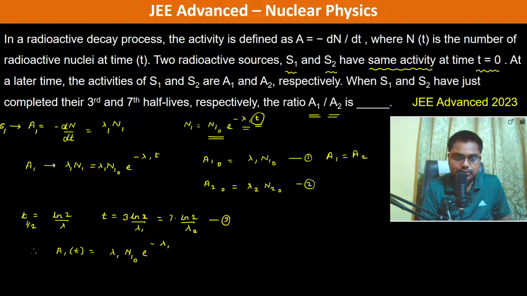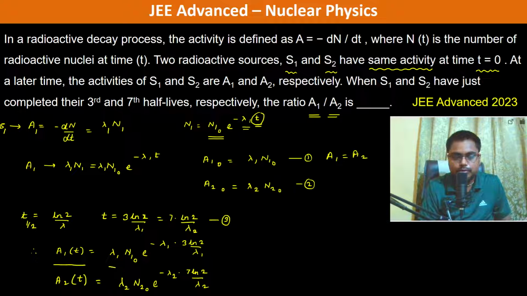So what is t? t is 3 into ln2 divided by lambda 1, and for the second it's going to be lambda 2 into N2 naught e to the power minus lambda 2 into 7 ln2 divided by lambda 2. Now we have to find this ratio. So lambda 1 and lambda 1 is gone, lambda 2 and lambda 2 is also gone, and lambda 1 N1 naught is equal to lambda 2 N2 naught, as we had seen, since A1 is equal to A2, so they cancel each other.